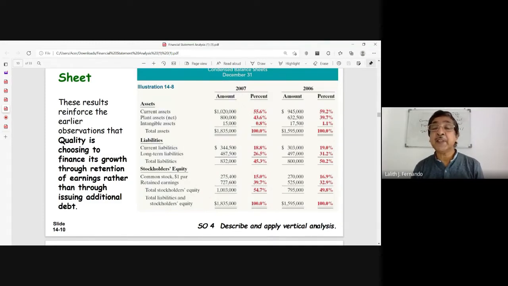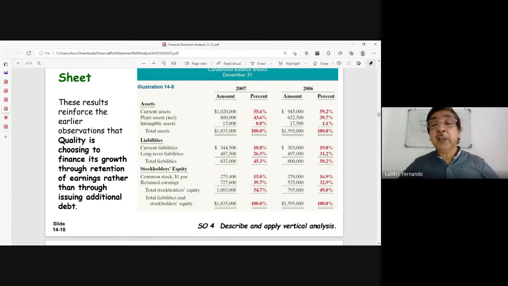So it has decreased to 55.6, and plant assets increased from 39.7 to 43.6. That is how this asset increase was adjusted.